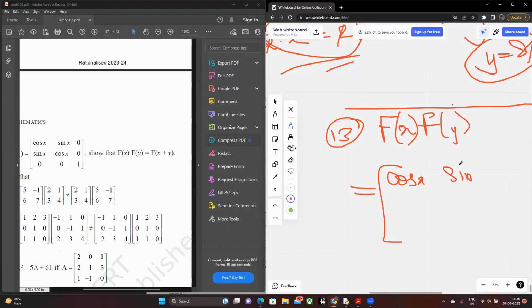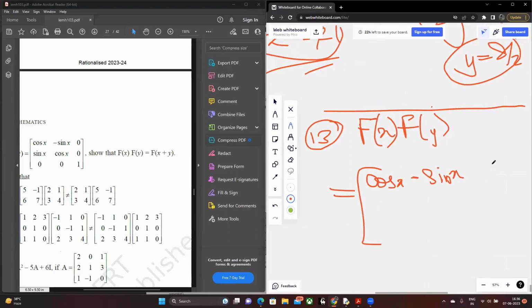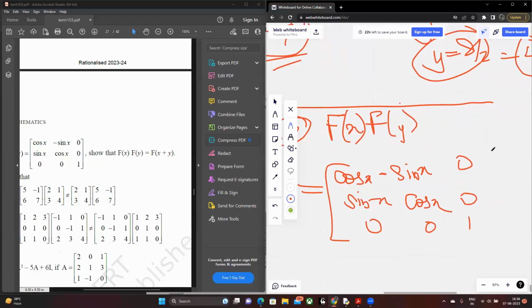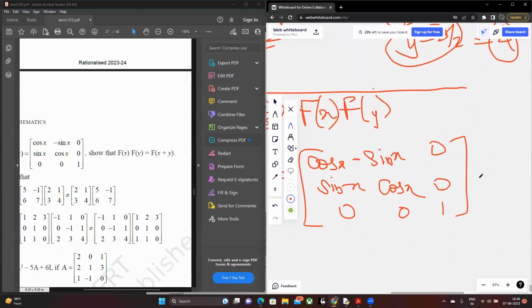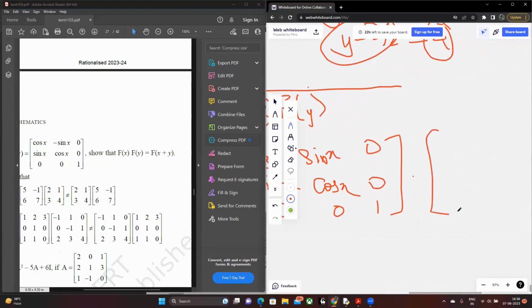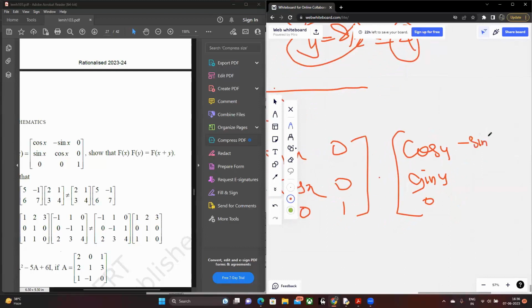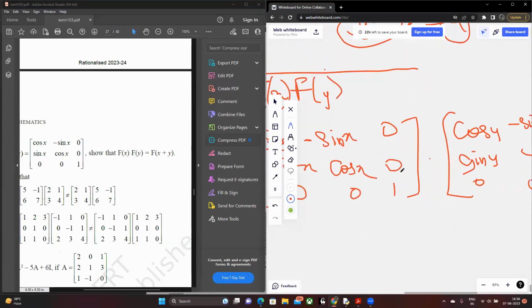Cos x, minus sin x, 0, sin x, cos x, 0, 0, 0, 1, into f(y), that is cos y, sin y, 0, minus sin y, cos y, 0, 0, 0, 1.